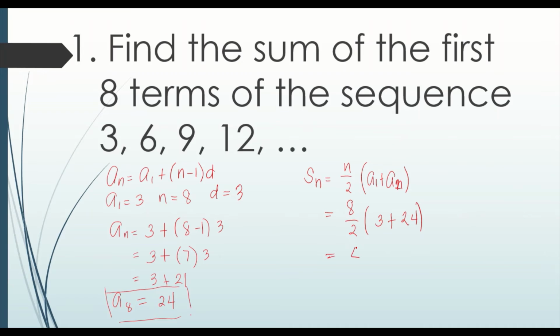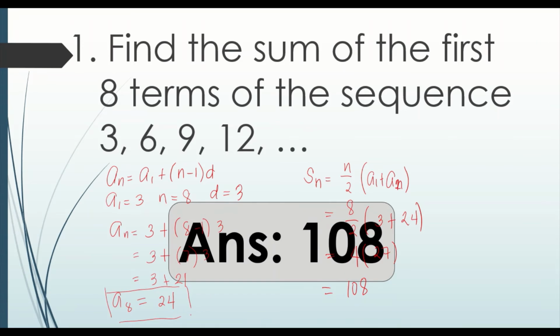Simplify 3 plus 24 is 27. So multiply 4 and 27. 4 times 27, the answer is 108. So let's see if we're correct. So the answer is 108.